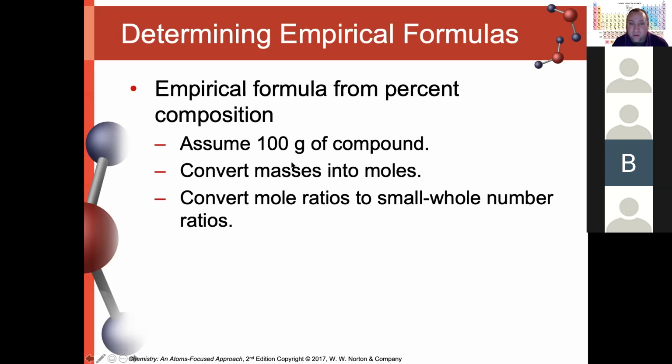My next step, using molar masses, I'm going to turn those grams into moles. And then I'm going to start to convert those moles into ratios of each other to find the whole number ratio of one element to another. Now, if this sounds a little bit complicated, it might take a couple of examples to work through to get used to it, but that's what we're here for.